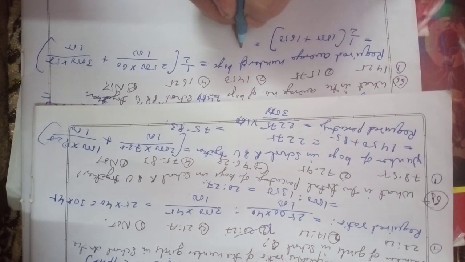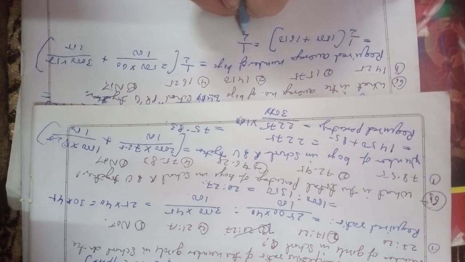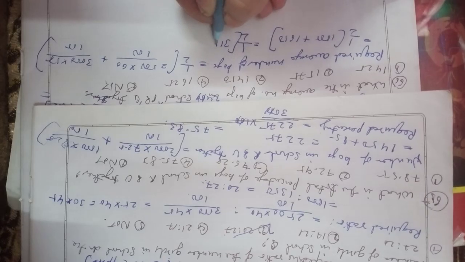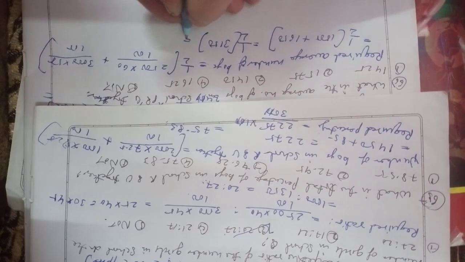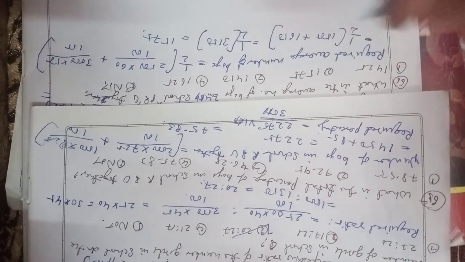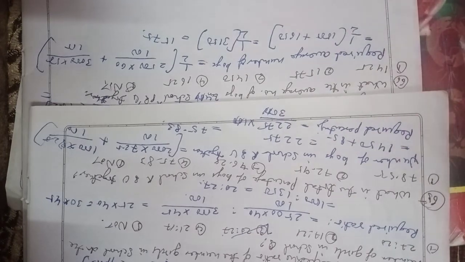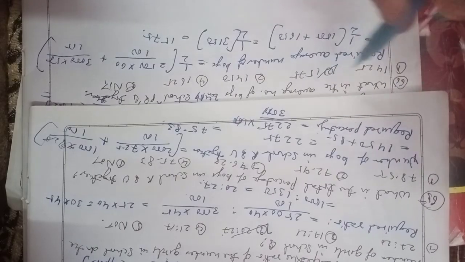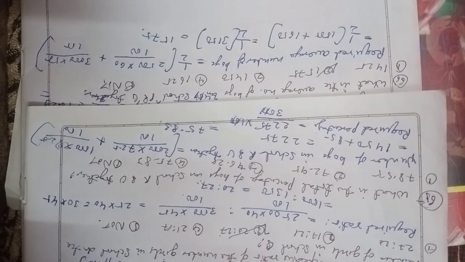That will be further solved, and we will get here half of 3150. That will be further solved as 1575. That will be the right answer. We have 1575 as an option. That is the second option, as you can see here, and it will be the right answer for this particular question.